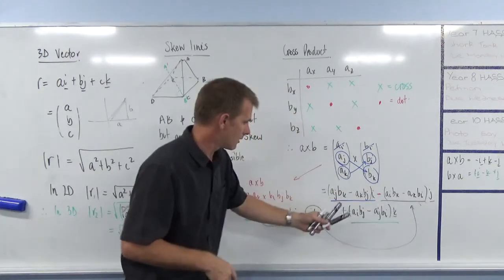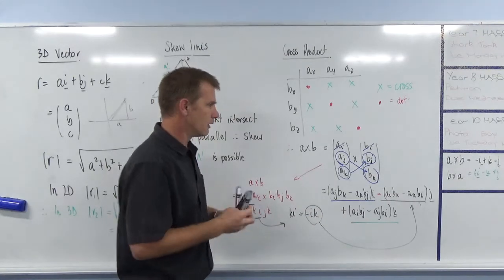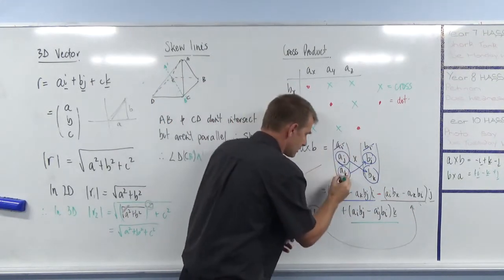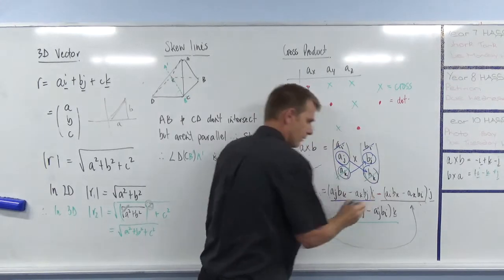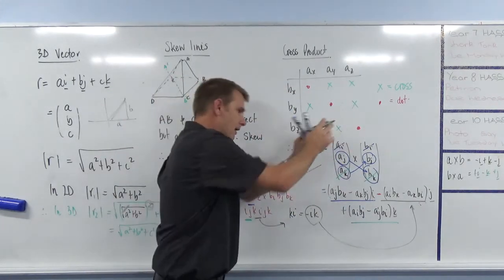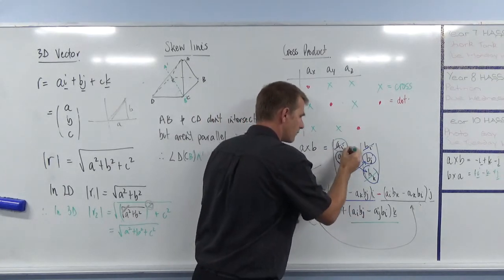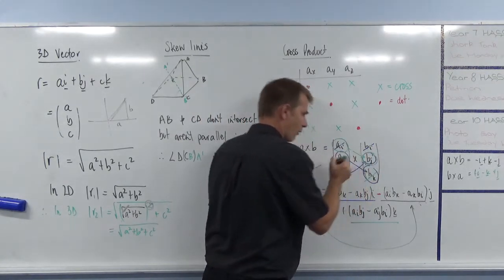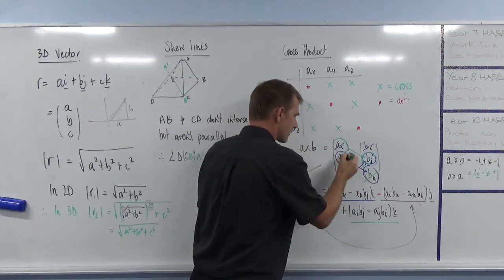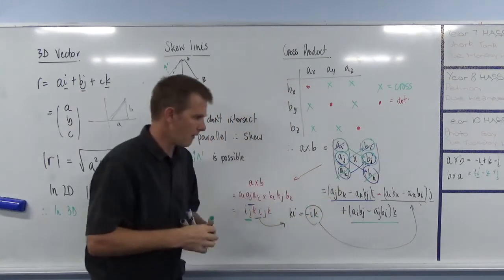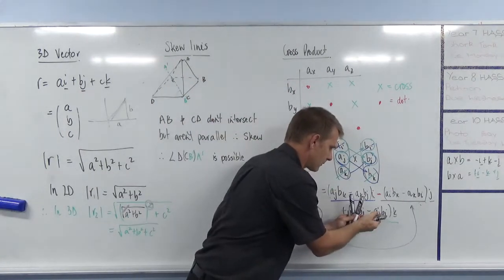I'll come back to that. I'm going to go to the K, right? This is the K component that I'm working out. I said this is going to get messy. I apologise. Ignore the K component. Look at the other 2 components. Notice A I, B J, it would be this one multiplied by that one minus that one multiplied by that one. And that would get me my K component.